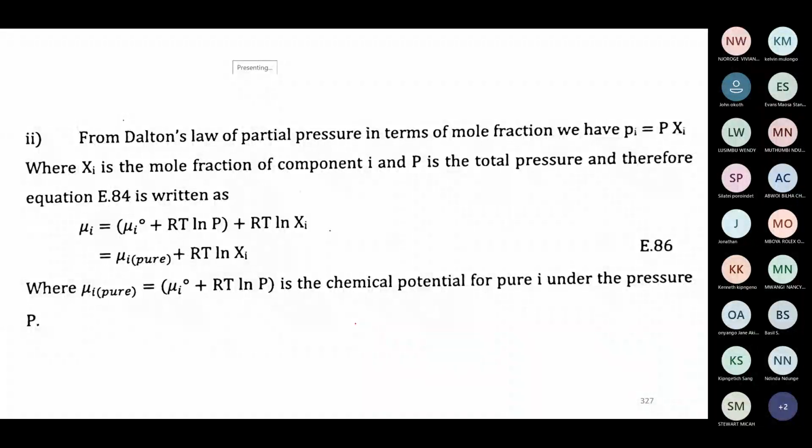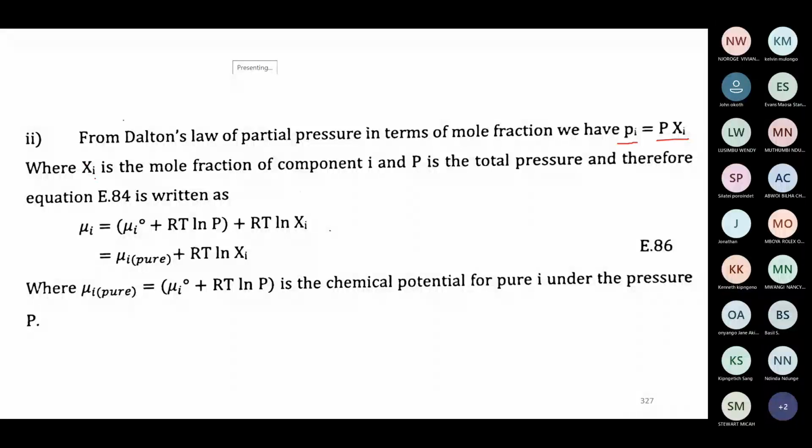Now, from Dalton's law of partial pressures, in terms of mole fraction, we have Pi, that is the partial pressure, equals P times Xi, that is the total pressure times the mole fraction of that component.